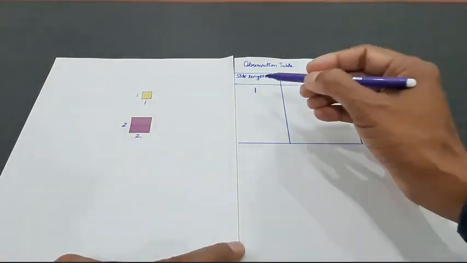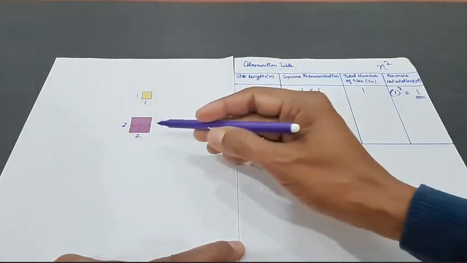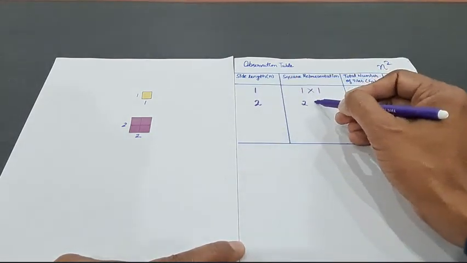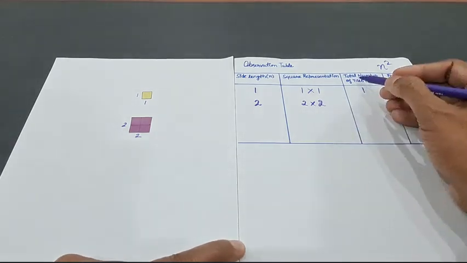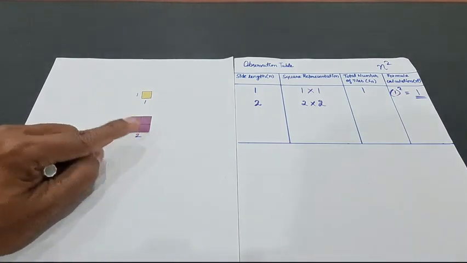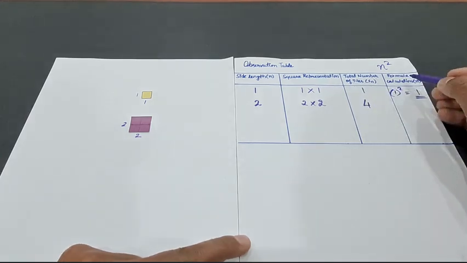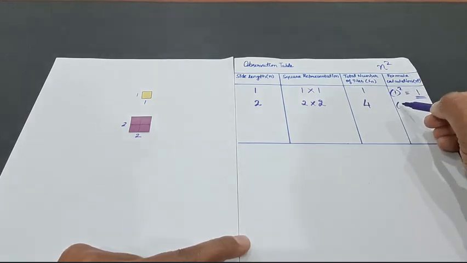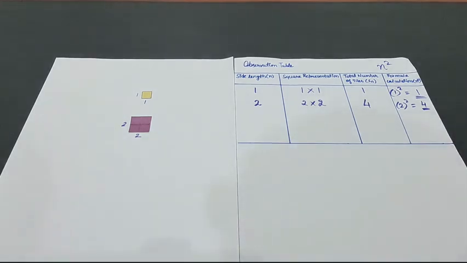So the side length now becomes 2 and the square representation is 2 by 2 or 2 into 2. Now if you multiply 2 and 2, you will get the total number of tiles. As you can count inside this, you have 4 small squares. So 2 into 2 is 4. And how do you derive it using the formula? We just have to do 2 square, which is 4, and 4 becomes the next square number.